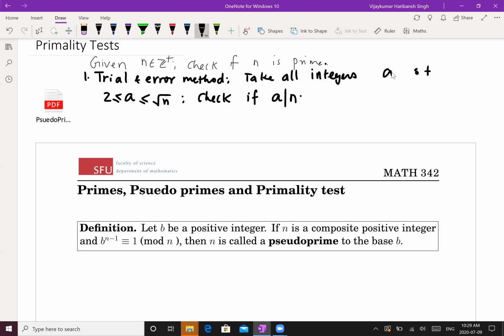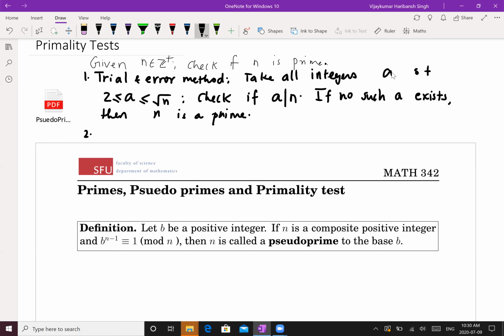If no such a exists, then we can declare that n is a prime. Because if there is any factor, there is at least one factor which is less than or equal to the square root of n.